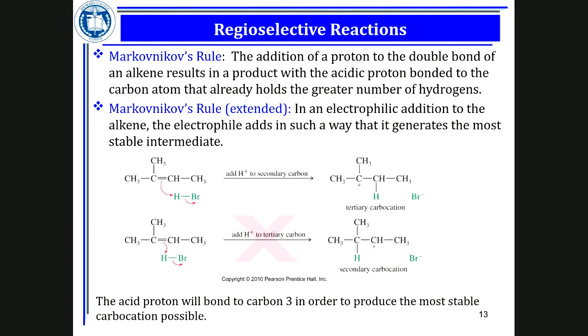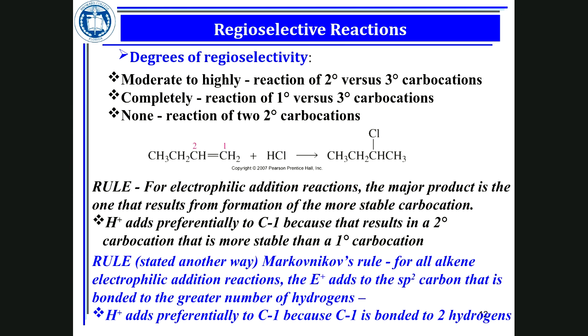So H adds to the carbon with the greater number of hydrogens for the major product, and Br or the nucleophile would add to the one with the least number of hydrogens. So let's look at this one. What would be the major product? Why is this product the major product?